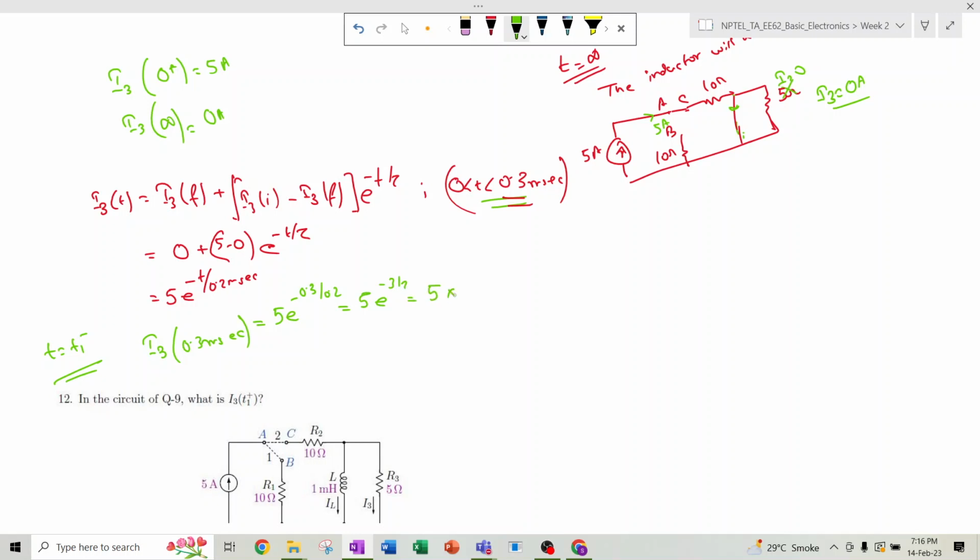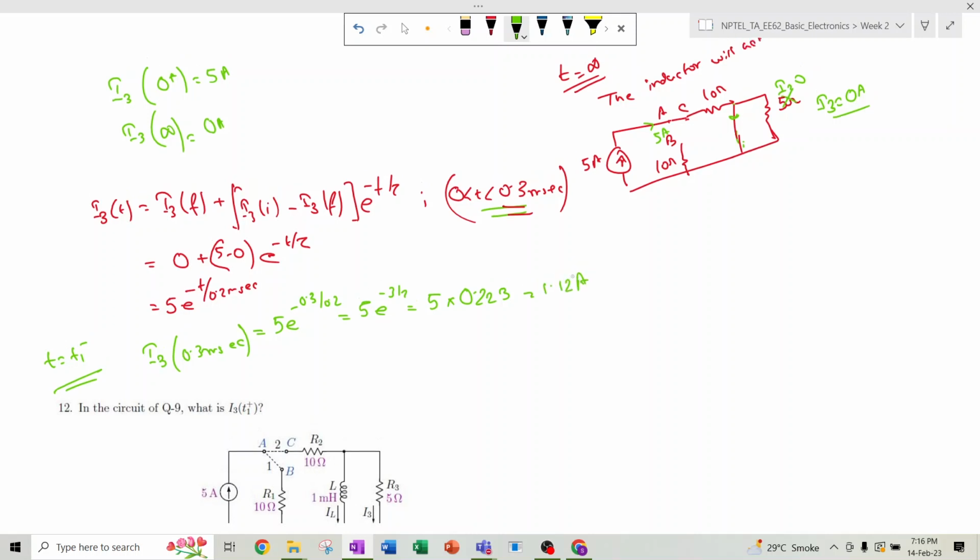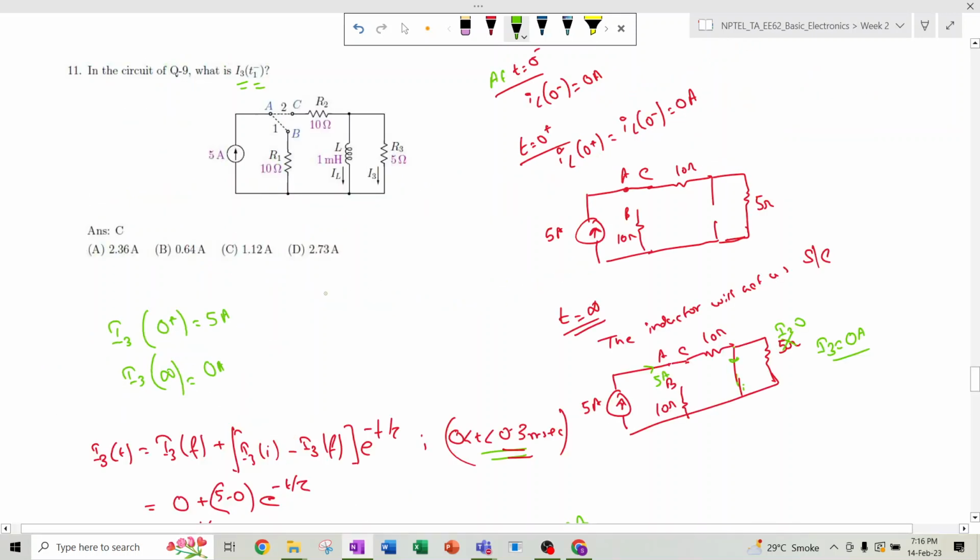Calculating that, e to the power minus 3 by 2 is 0.223. Multiplied with 5, we get 1.12. So the correct answer will be option C, which is 1.12 ampere.